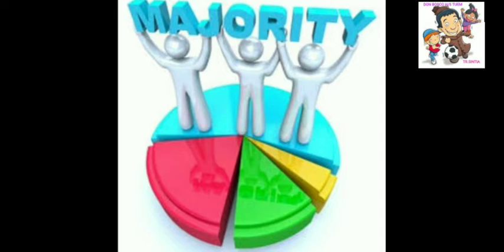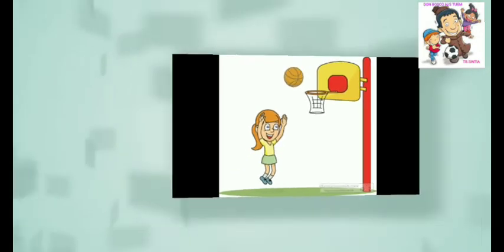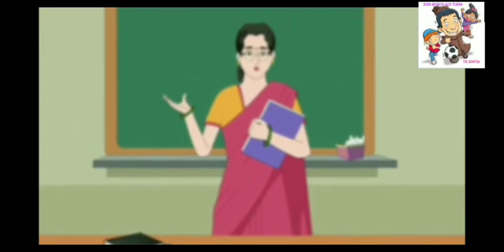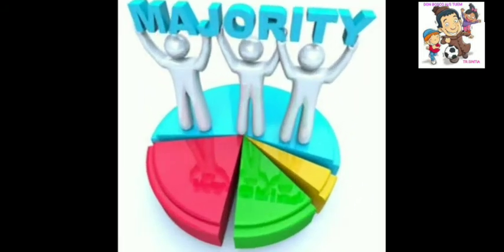The majority wins. If we apply this rule here, what will happen? Yes, girls will never get a chance to play basketball on the school ground. In such situations, a constitution plays a major role wherein the majority does not exclude the minority.